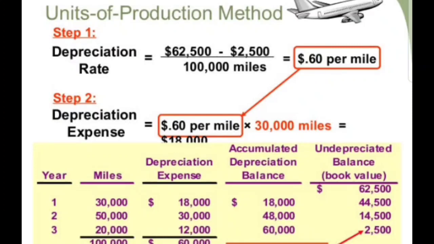The depreciation rate is cost. Say we have an asset and its cost is $62,500 and the salvage value is 2,500, divided by the total units which it will produce, 100,000 miles.